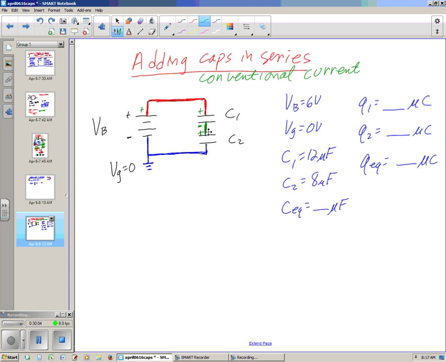That positive going into the plate creates a positive electric field. That positive electric field pushes a positive off the bottom plate, leaving the bottom plate negative. That then pushes on all of these, and the very last positive charge over here at the bottom is pushed up into the battery.